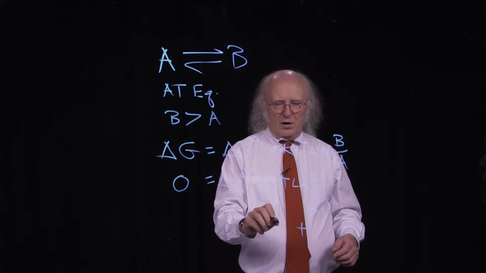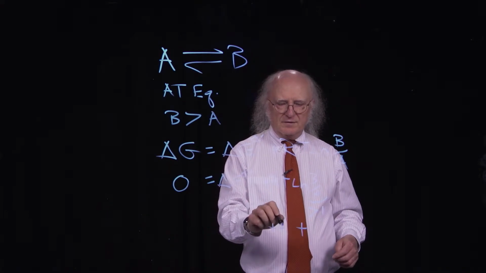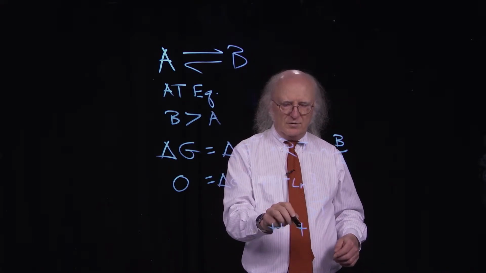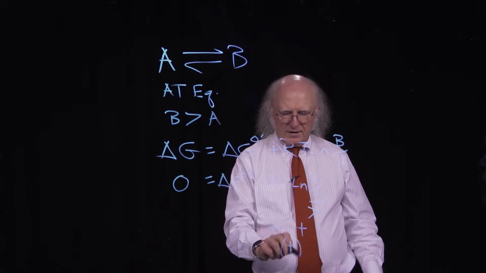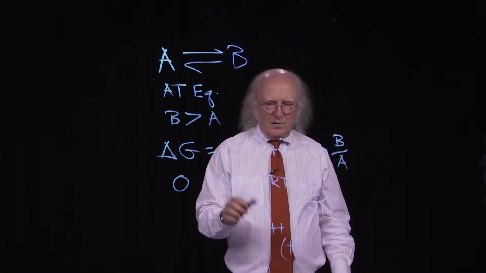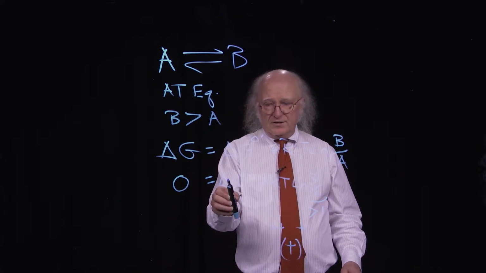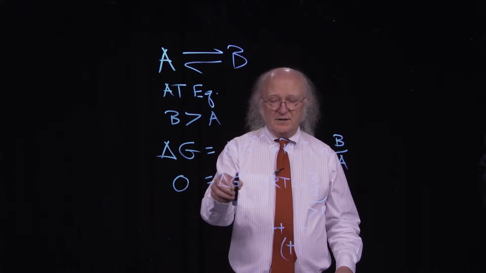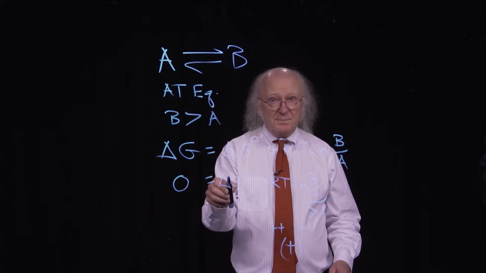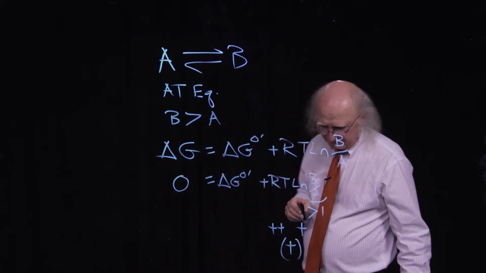R is a positive number, T is a positive number, so a positive number times a positive number times this log term, which is also positive, means that this overall term is a positive number. What does that mean about delta G 0 prime? Well, if delta G 0 prime is added to a positive number and gives 0, that means that delta G 0 prime must be a negative number. And that's what we can say about this problem.